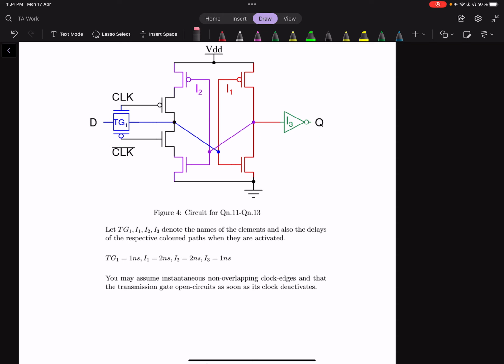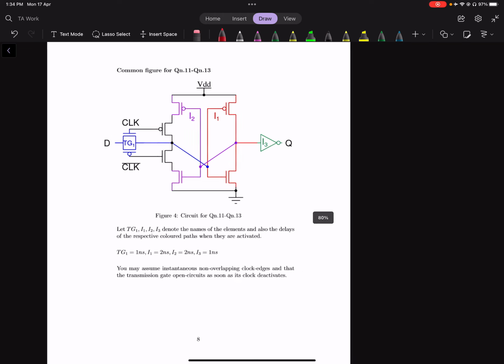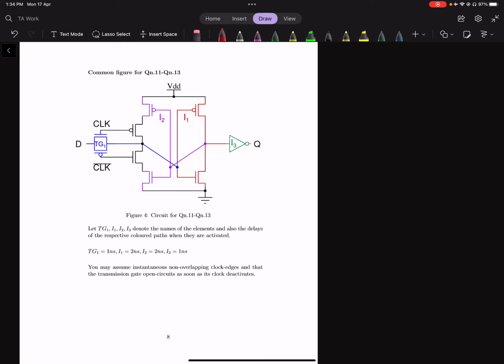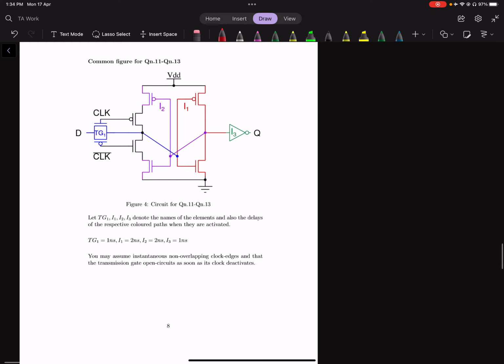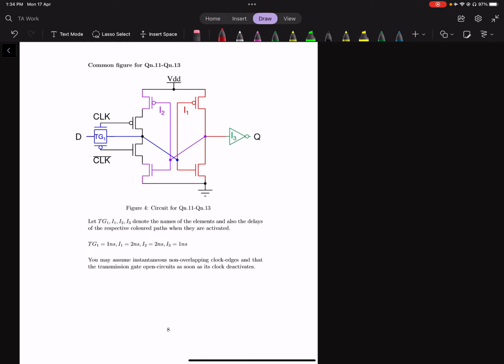And I leave it to the reader to try and understand how this latch will work when clock is equal to 0 and when clock is equal to 1.